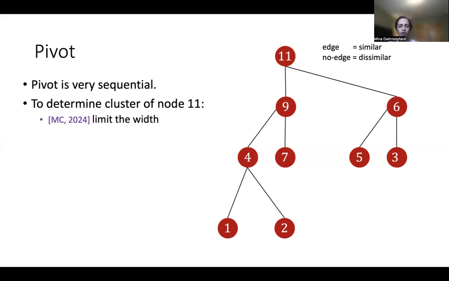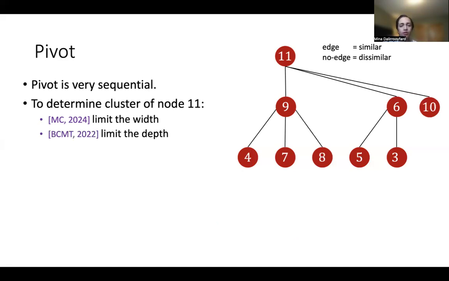For 9, we just look at 4 and 7. For 11, we just look at 6 and 9. We don't look at 10 anymore. And if we are done with the number of nodes we can look at, and we still don't know what cluster 11 should be, then we just put it in a singleton cluster.